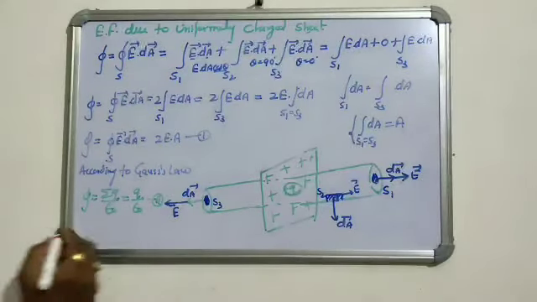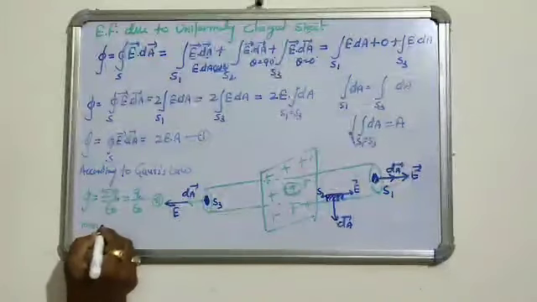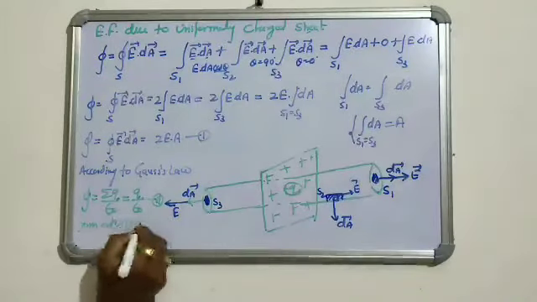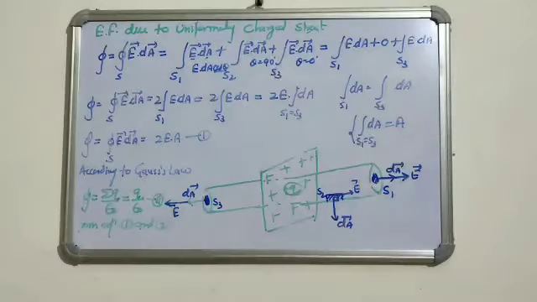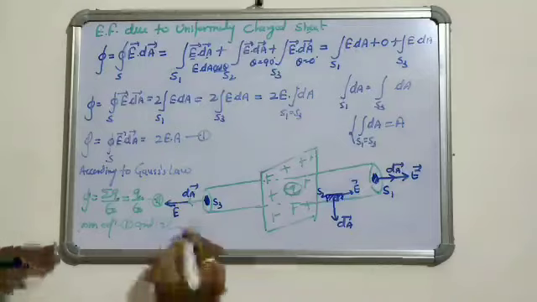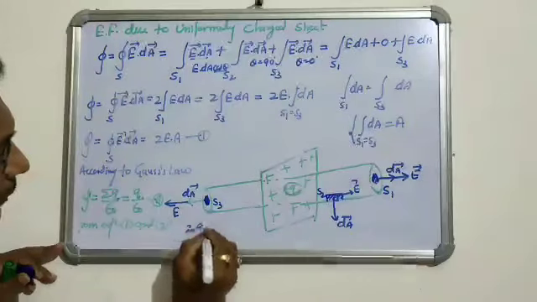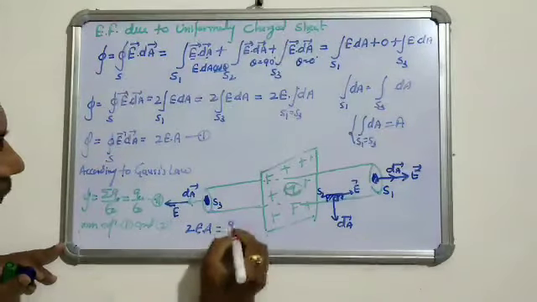By comparing equation 1 and 2, we get 2E into A is equal to Q upon epsilon naught.